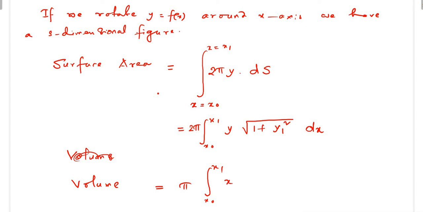Pi r square is x square dy. No, it's just reverse. It's y square dx. Simple formula for volume, and this is surface.